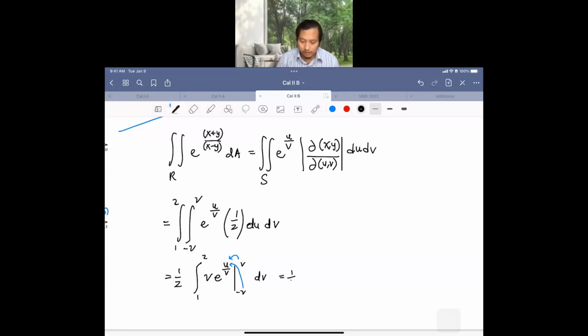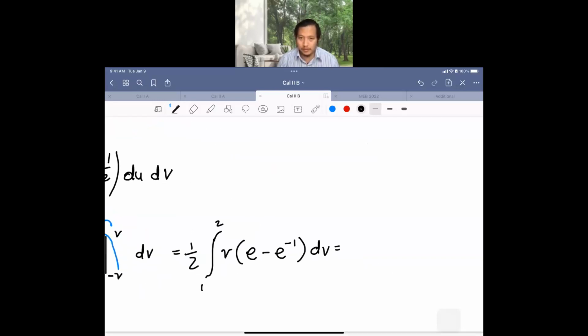And this will be e minus e to the negative 1. And then integrating with phi, it's phi squared over 2.